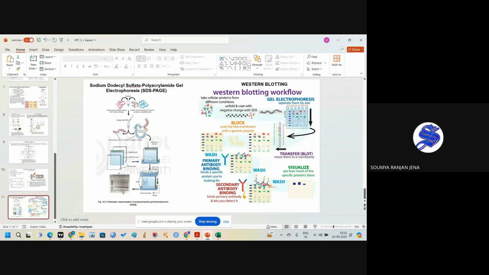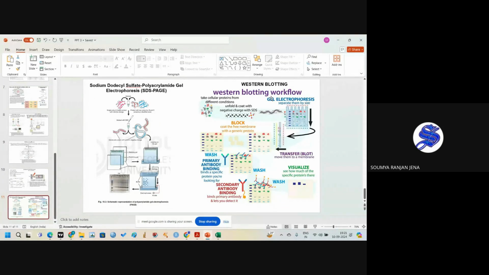If you load any sample, it will give a band, and you can tell that this is a 50 molecular weight band, or this is an 80 molecular weight band, or this is 120. You can know all the molecular weights by this SDS-PAGE method. Then in Western blotting, you can see the expression of any type of protein.